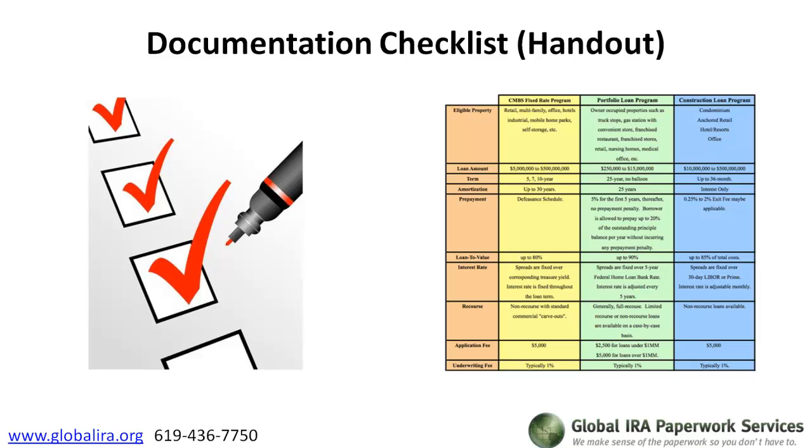So I've seen this time and time again, where individuals wanted to purchase different assets inside their IRA, and these may be international assets, and in order to do so, they had to get their hands on the share documents as well as the corporate documents.